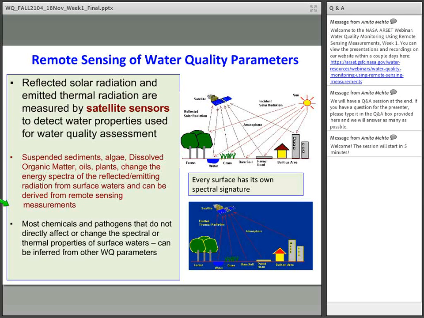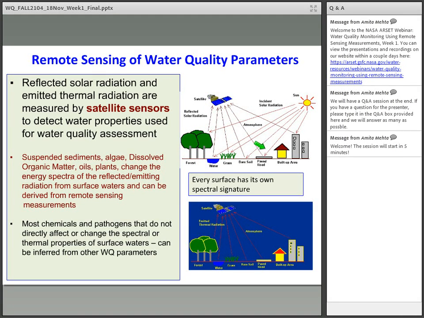As shown here, all surfaces reflect sunlight, and then the satellite measures. Water also reflects sunlight. So whatever is going on in the water changes the characteristics of how this reflection occurs. And based on that, information about water quality can be derived or retrieved for this particular body of water.